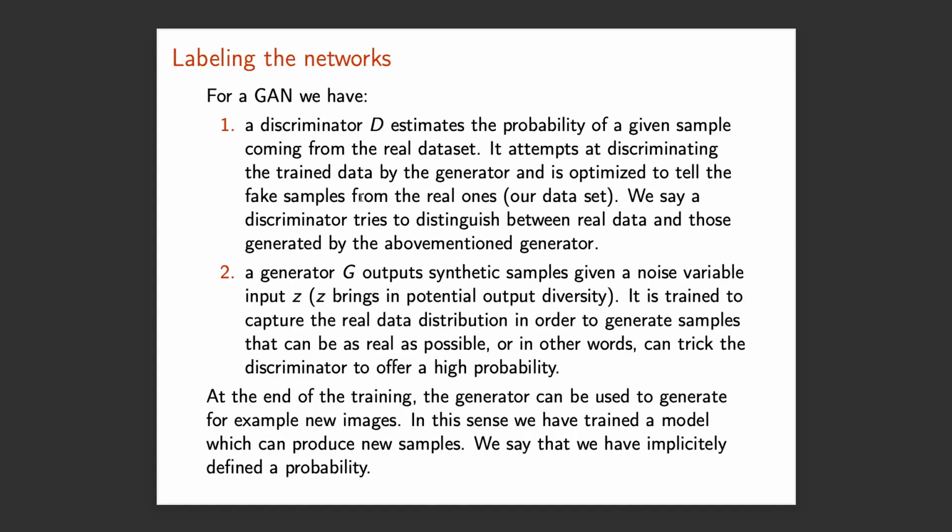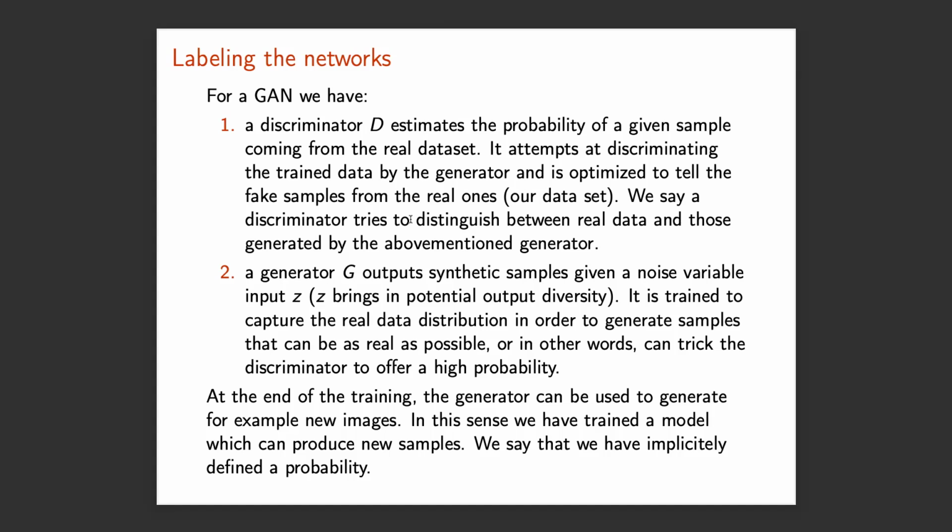So the discriminator is something which I will label with an uppercase letter D. It estimates the probability of a given sample coming from a real data set. It attempts at discriminating the data generated by the generator and is optimized to tell fake samples from the real ones, which is our data set, which we feed in.